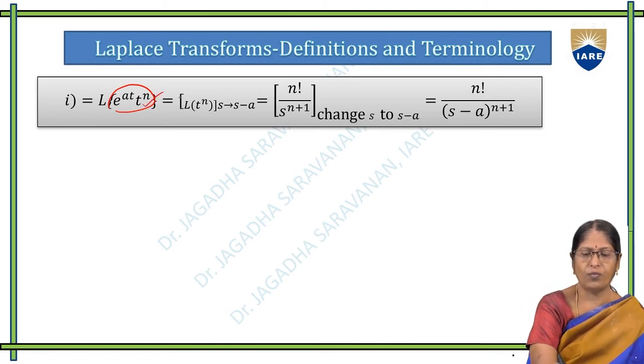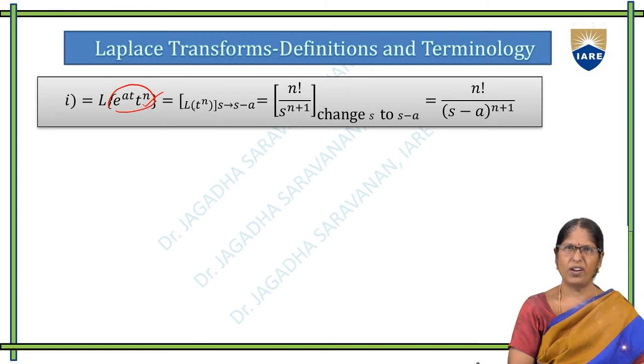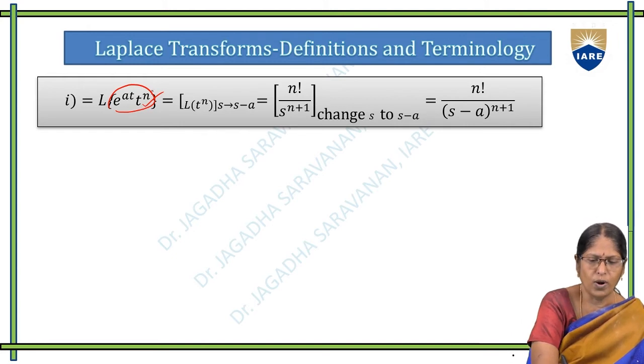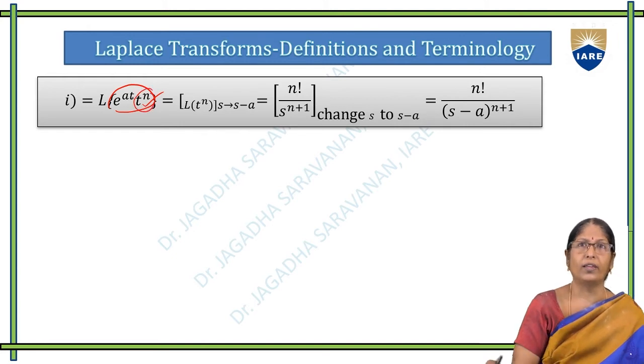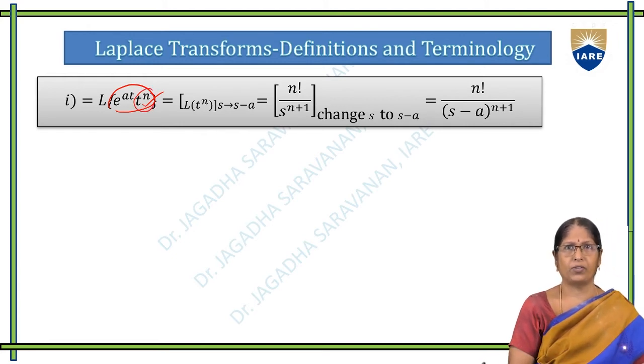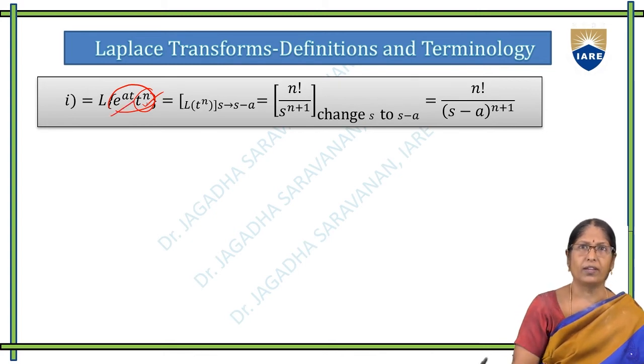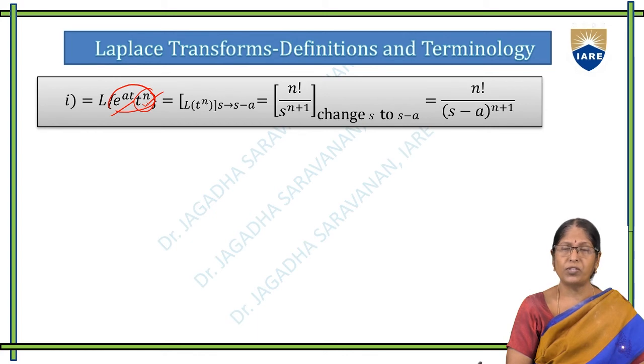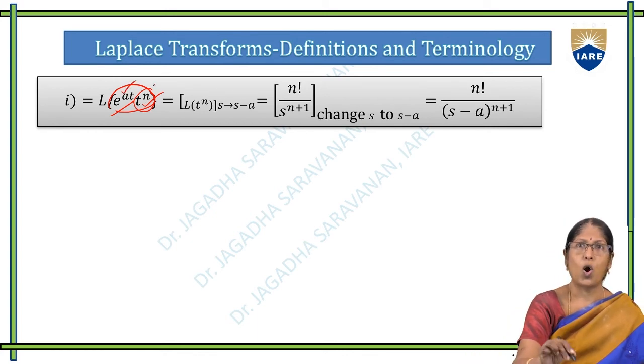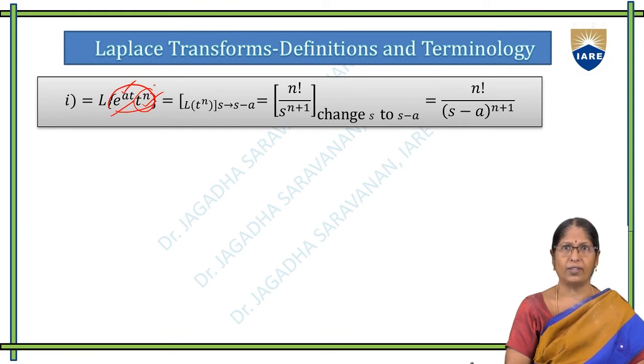This is L of t power n, whose formula we already defined and discussed. Only to this t power n will we apply the Laplace transform formula. For e power at, where a is positive, the opposite is minus a.